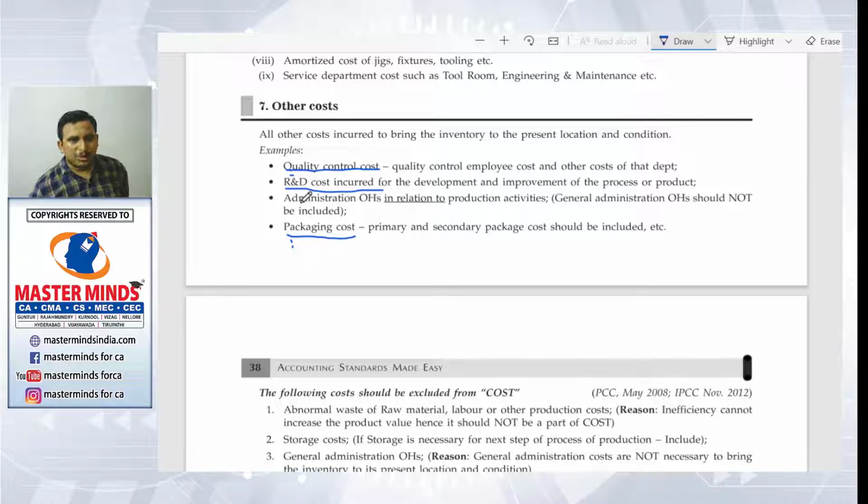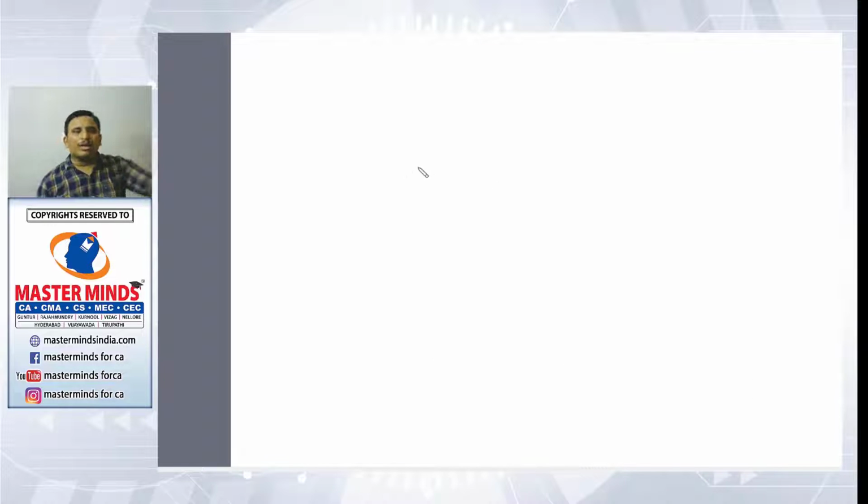The next, something called administration overheads. Sir, there arises a point as to whether administration overheads are considered under the other costs or not. I'll give you clarity.